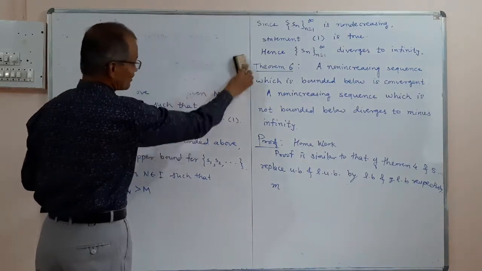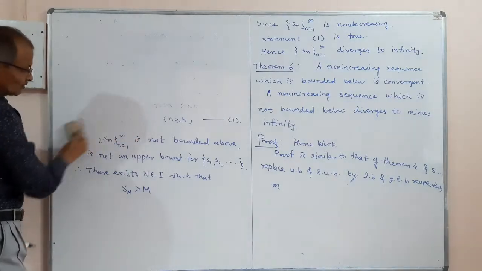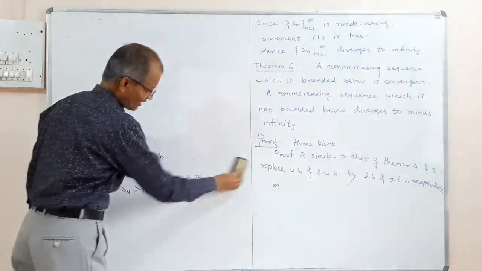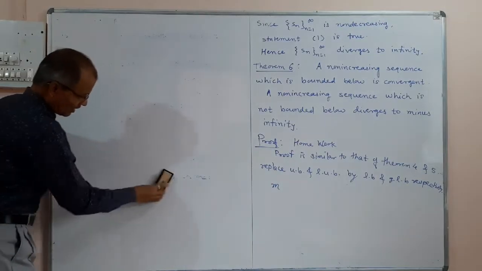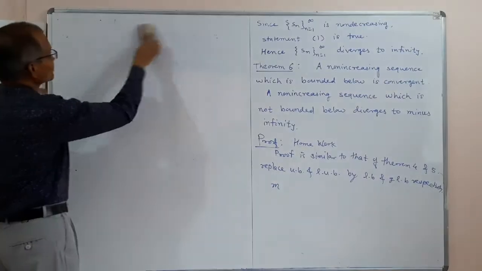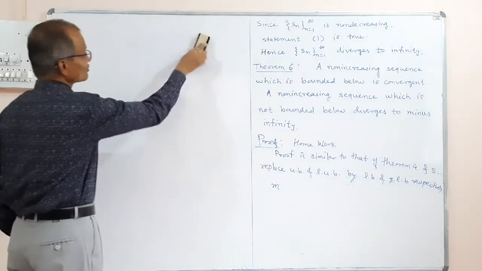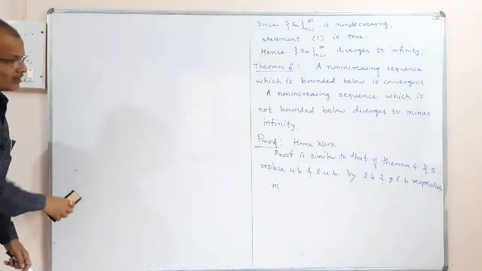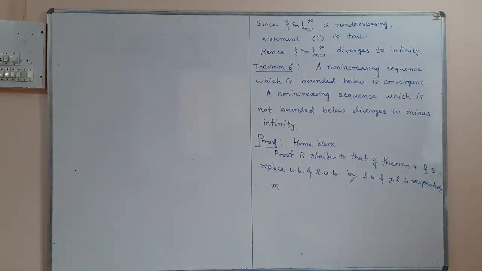I have written the solutions of these problems as separate notes, and I will send them to you. You should refer to the solutions to these problems and try to understand. So this is about the two important results and the theorems 4, 5 and 6.